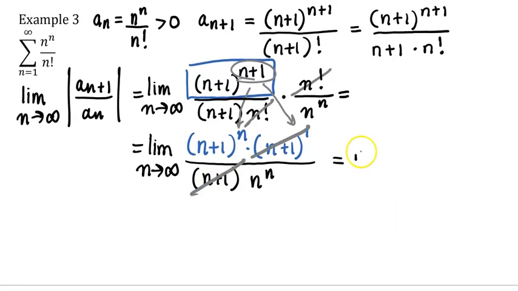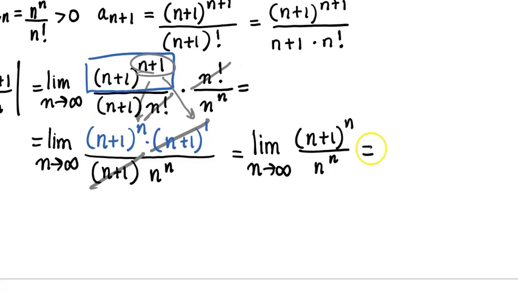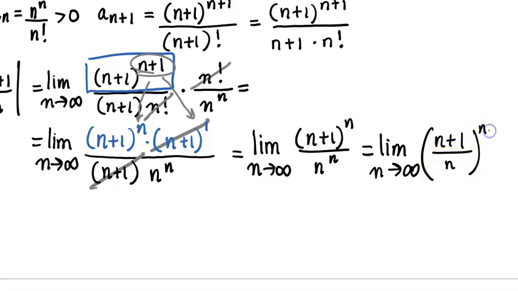So we are left with the limit as n approaches infinity of n plus 1 in the numerator to the n power divided by n in the denominator also to the n power. So the entire fraction of n plus 1 divided by n is being raised to the nth power.